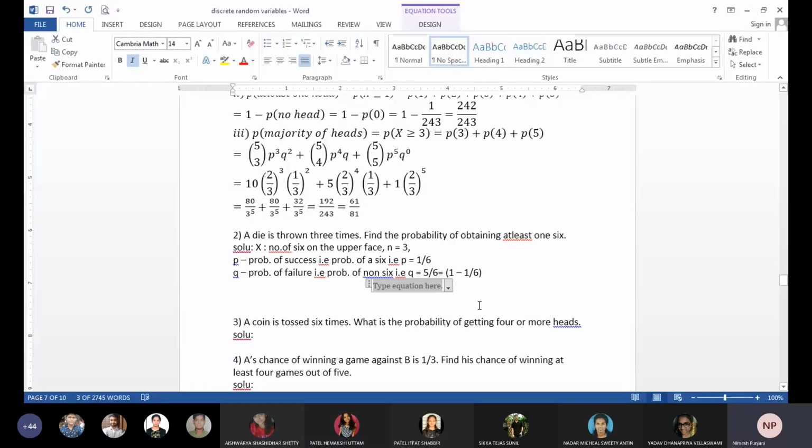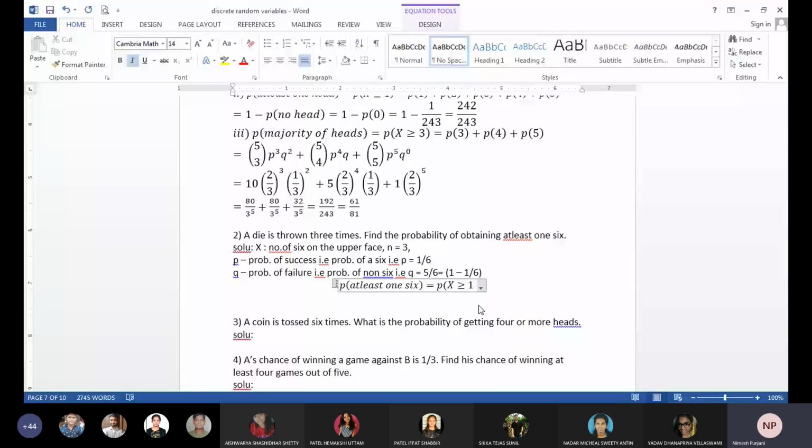Okay, now what we have to find? Probability of at least one 6. तो probability of at least one 6, x का टर्म्स में क्या होगा वो? It is probability of x greater than or equal to 1.